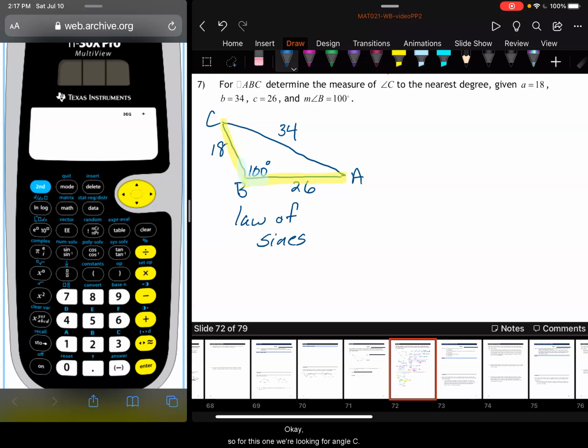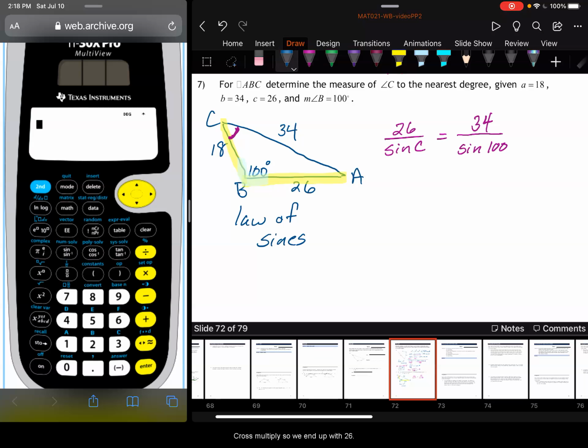Okay, so for this one, we're looking for angle C. So angle C is across from the 26, so we would have 26 over sine C equals, and then we have our 100 degrees, so that would be sine of 100, and the side that goes with that is 34.